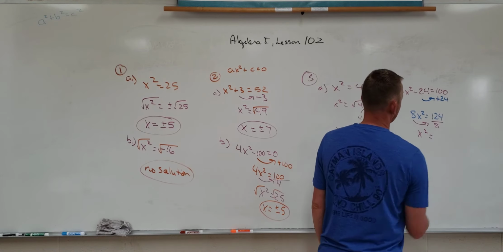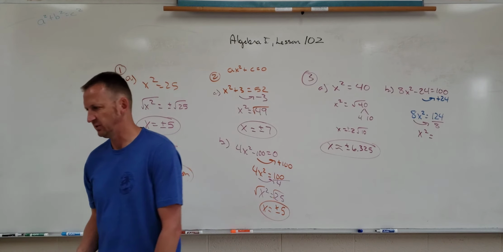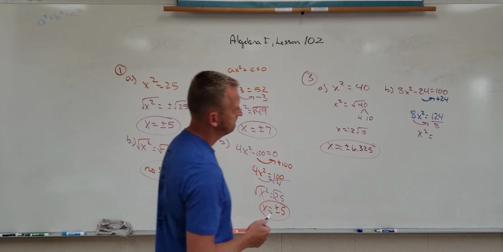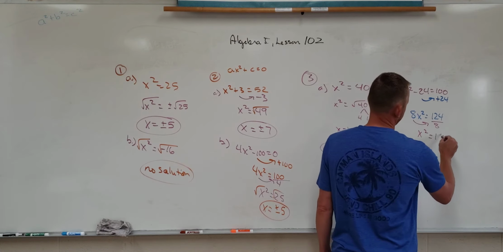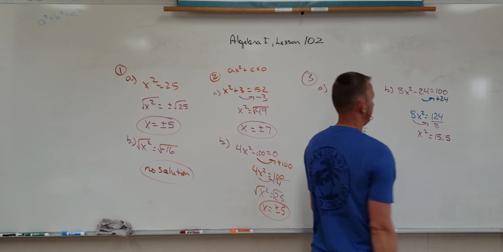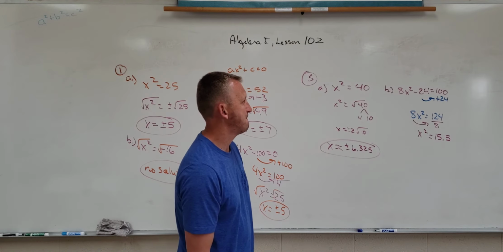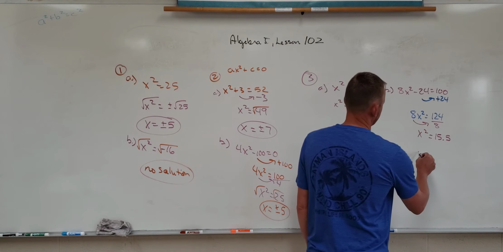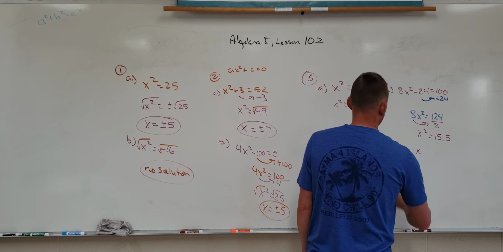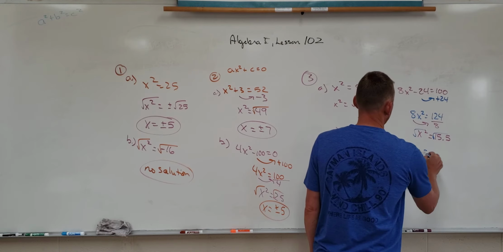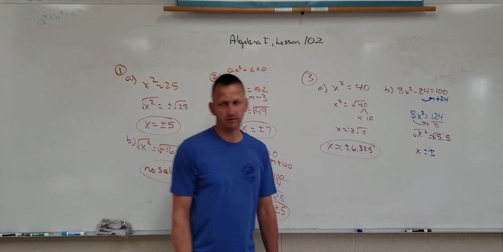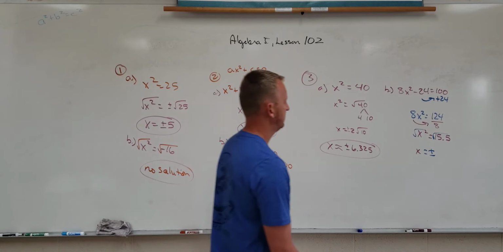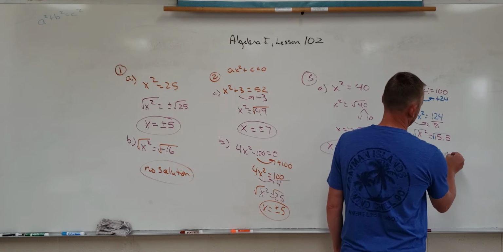X squared equals what? 124 divided by 8. Do the math. 15 and a half. So, take square root of both sides. Punch it in your calculator. Square root of 15.5 is plus or minus 3.937.